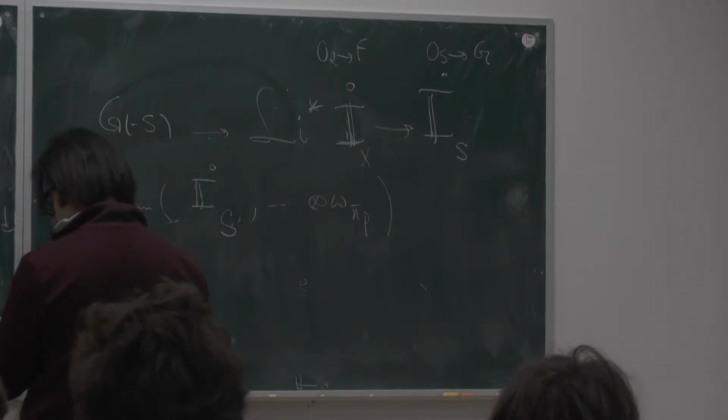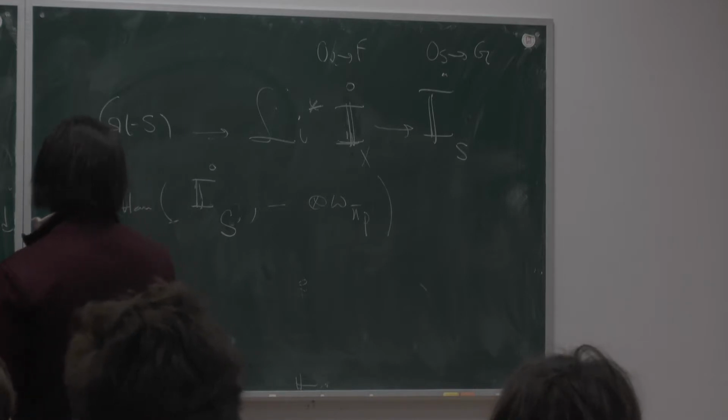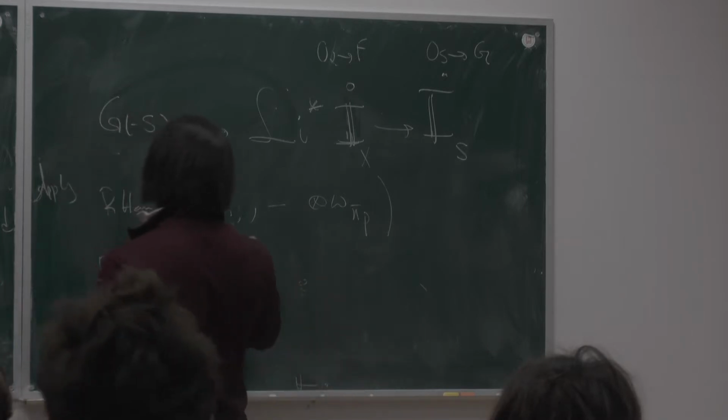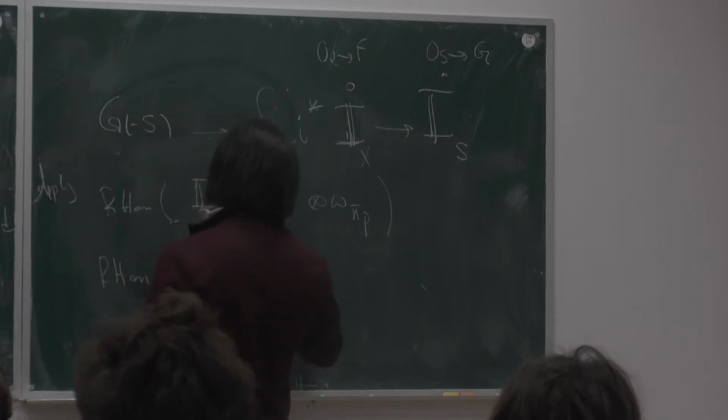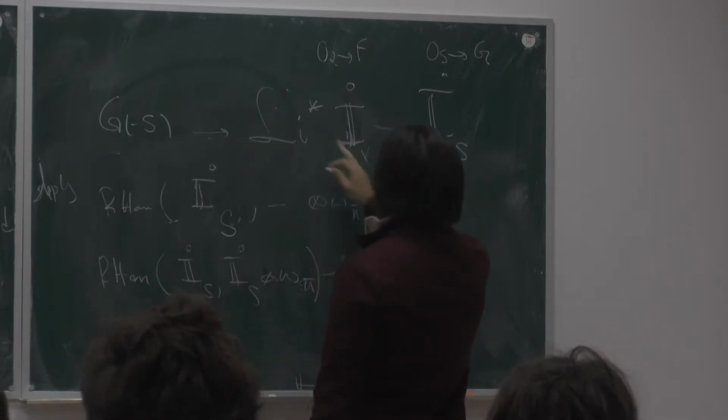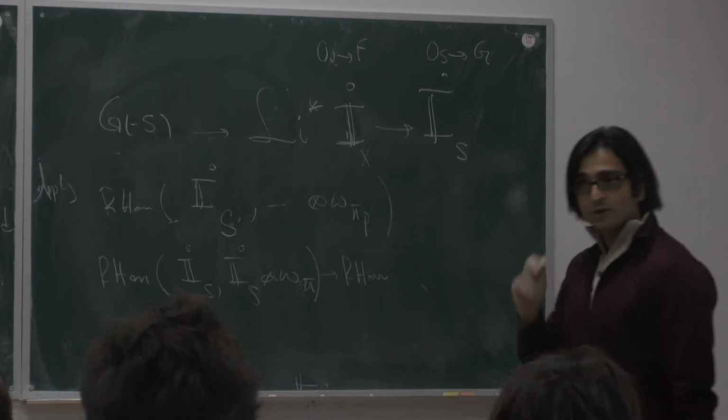So you will get something like, let me see, let's just write it: i_S goes to R, again, left derived pullback and right derived pushforward.